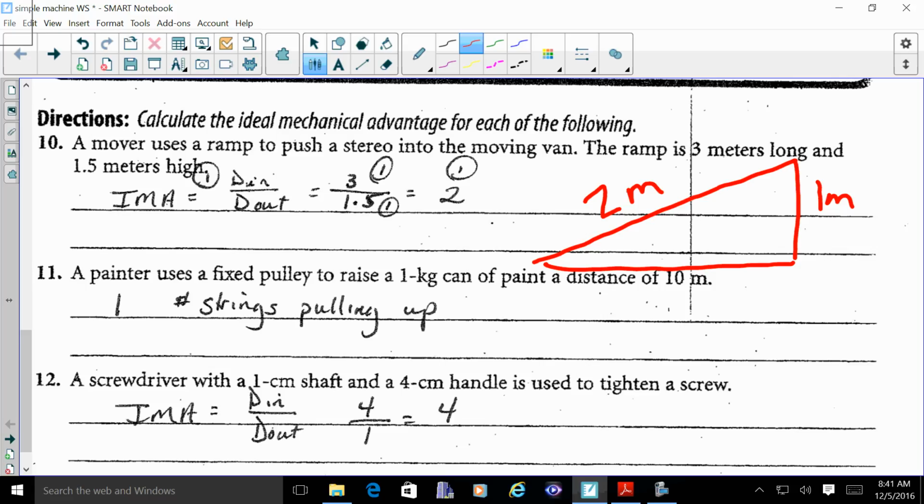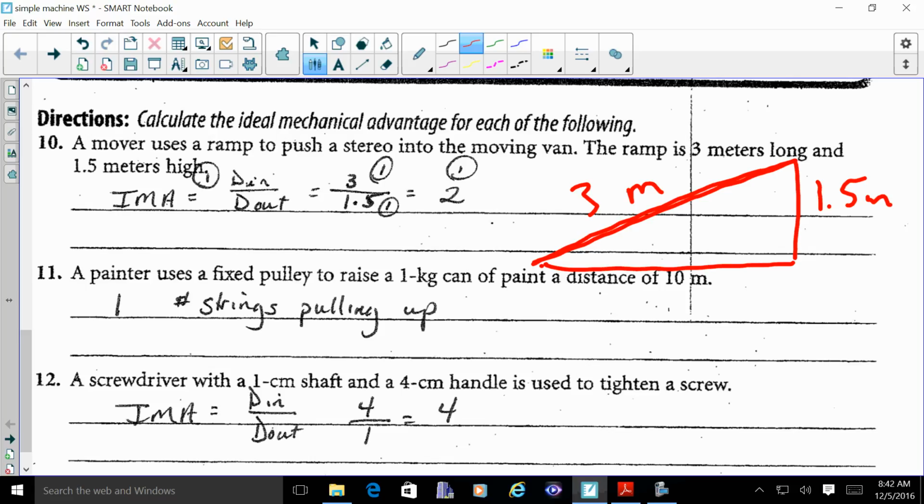In other words, the ramp has to go up that ramp there. We're pushing a stereo, not a wheelchair. And the distance out is actually only 1.5 meters tall. So if you take 3 divided by 1.5, it should be 2 times easier. That would be the units for this, times easier.